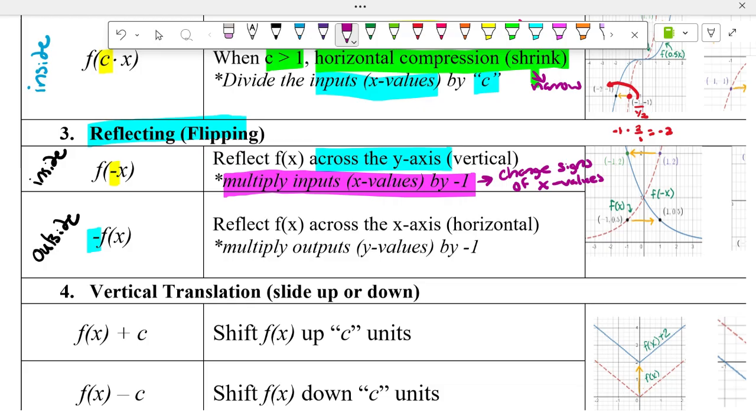So the x values, you change the sign, keep the y sign the same. If the negative was being multiplied on the outside of the brackets, you would reflect it across the x-axis. So that's horizontal. And you would multiply the outputs or the y values by -1. Or, in layman's terms, that's just change the signs of the y value.